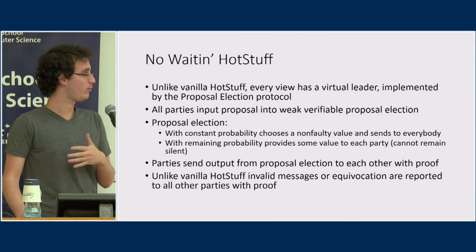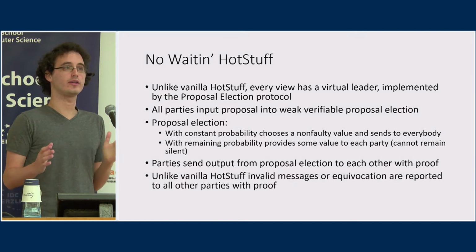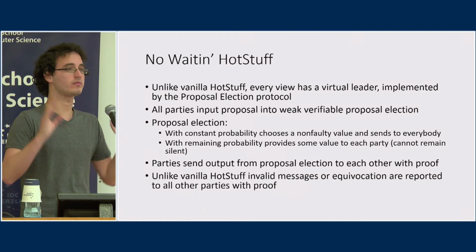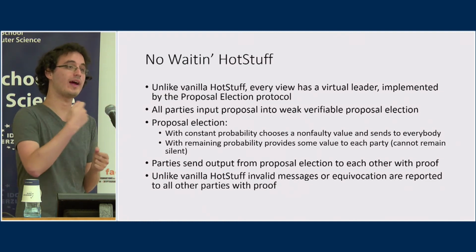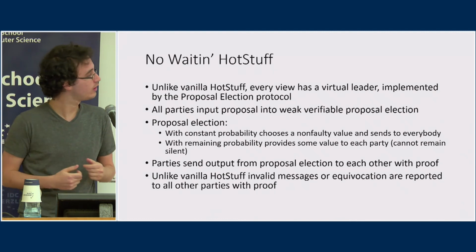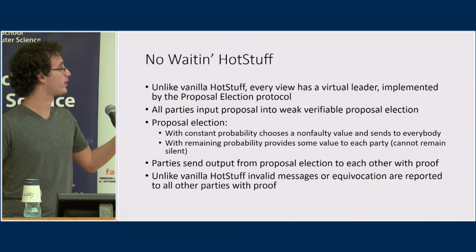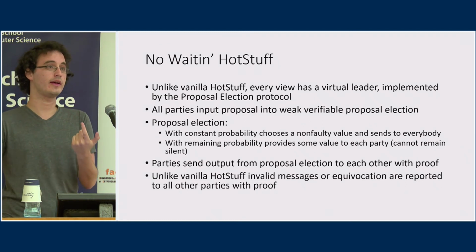And with the remaining probability, no greater than 2/3, it provides some value. It's weird because we don't know what value. It might be different values to each party, but every party has some value and, crucially, also a proof that it actually received that value from the protocol. Then the next step is parties send their outputs from the proposal election to each other and provide the proof.